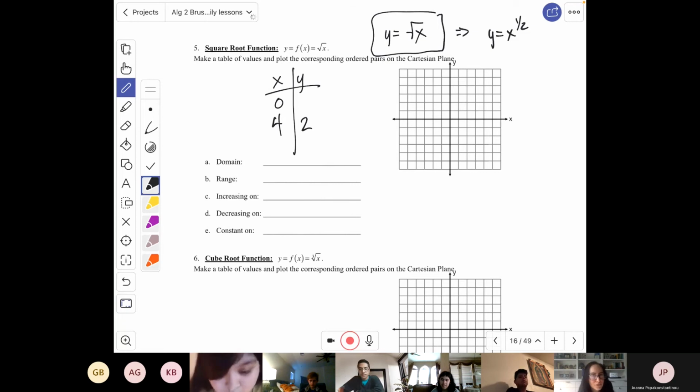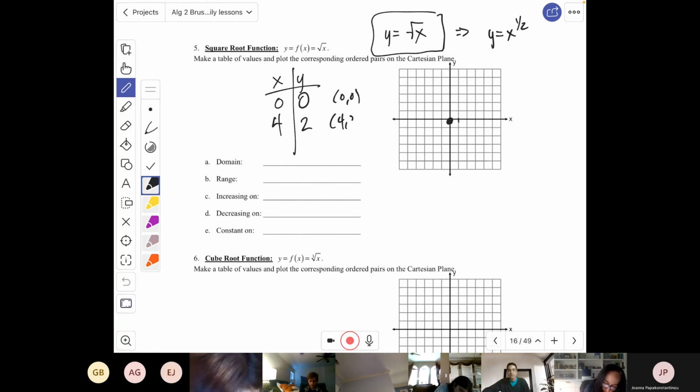Does anybody know? Is it 0? It is 0. So I know this point exists, (0, 0). And I know the point (4, 2) exists. Okay.